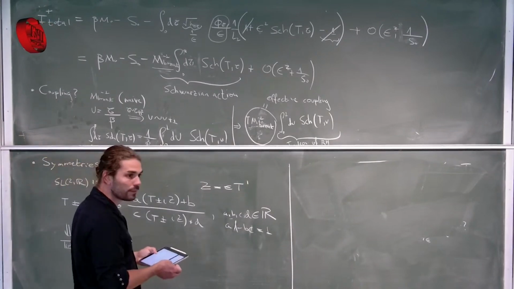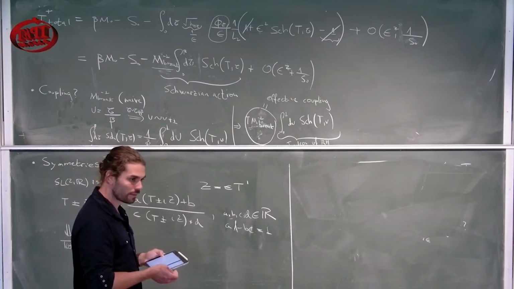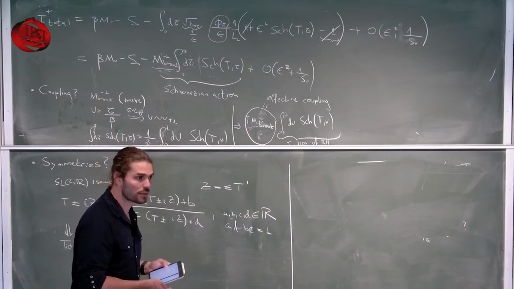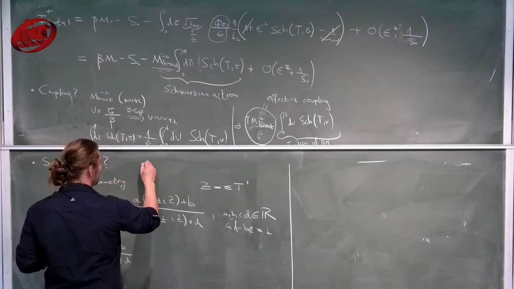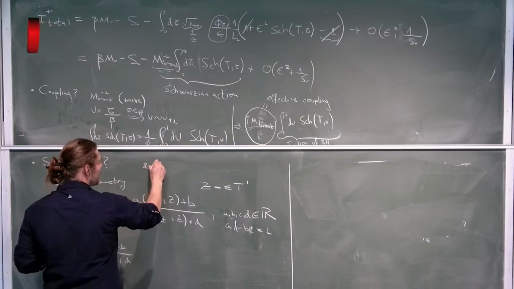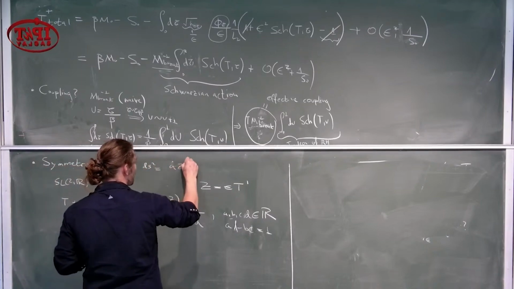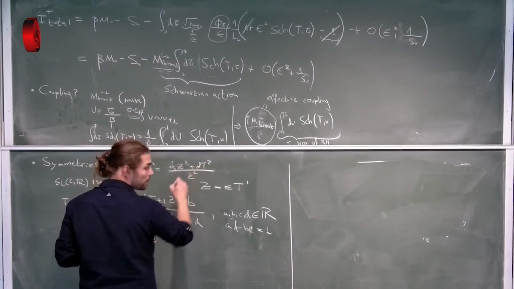What about h tau tau, the induced metric? Is this preserved? Yes. It comes from the fact that the metric itself, ds squared equals (dz squared plus dt squared) divided by z squared, is preserved.